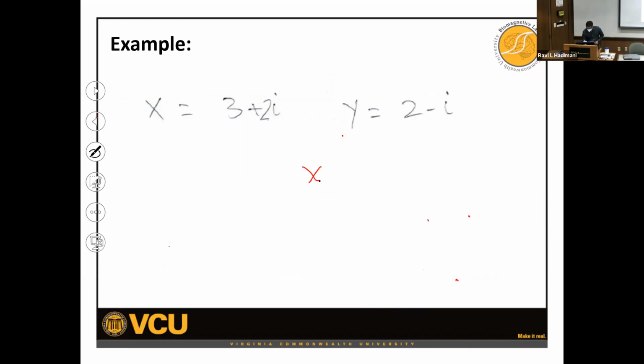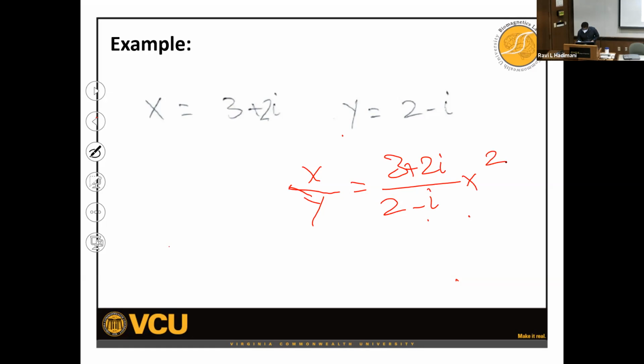So if you want to do x by y, then you have 3 plus 2i divided by 2 minus i, right? Then you use the multiplication trick because we want to get rid of the denominator, right? So what will you multiply?